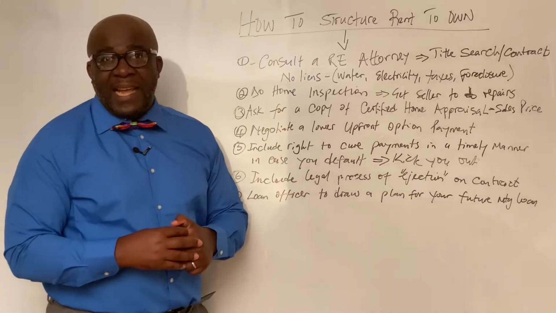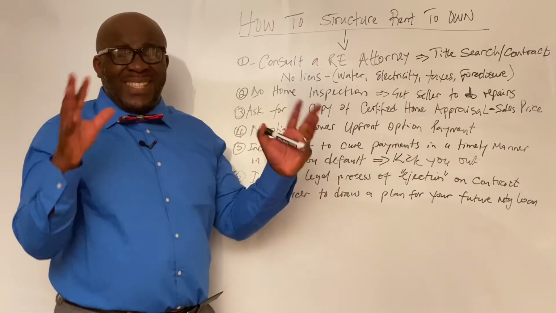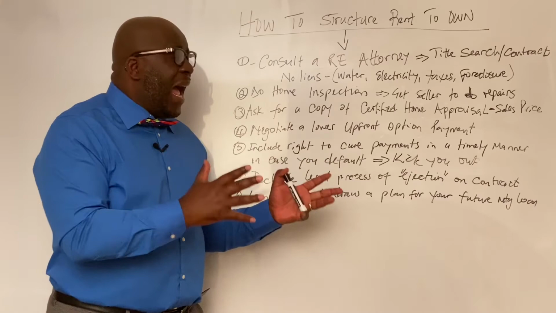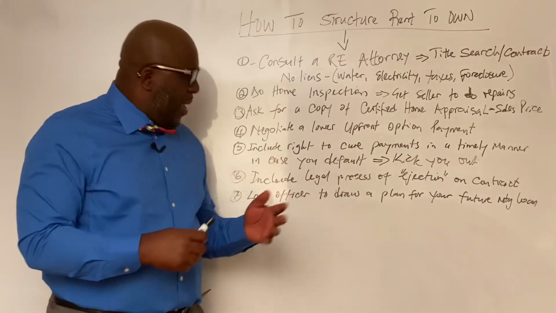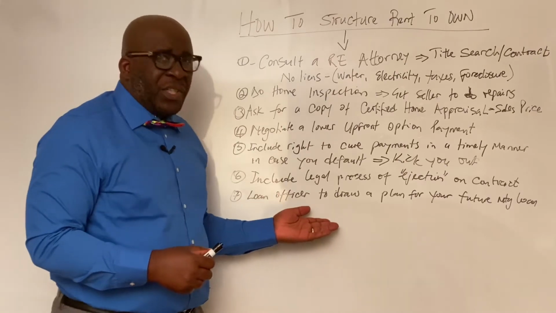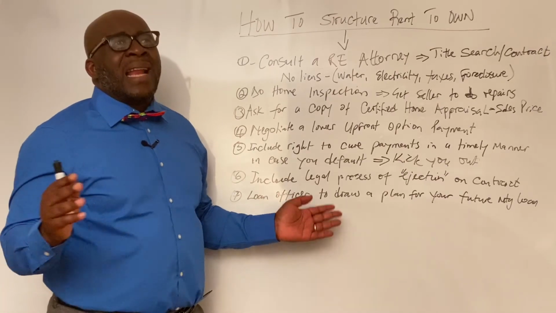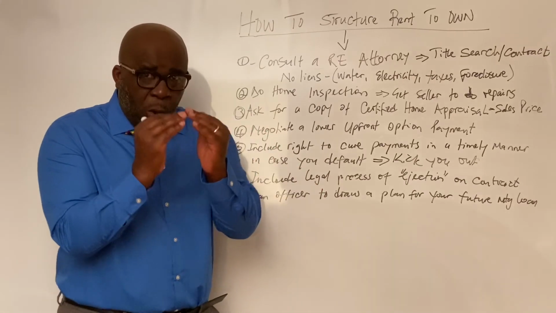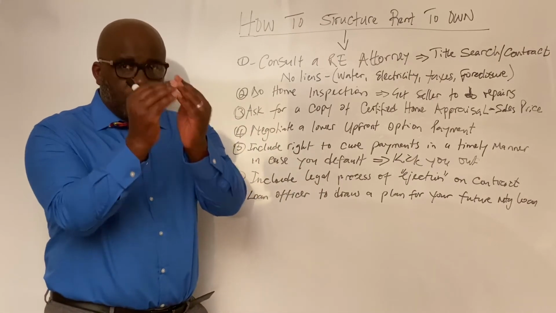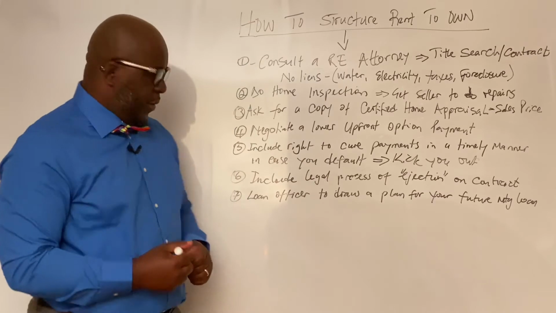There is NACA. Depending on your state, there are options for down payment assistance as well. So make sure that you have a loan officer who understands these options and can draw a plan for you, so you can be working with them towards qualifying for a loan.